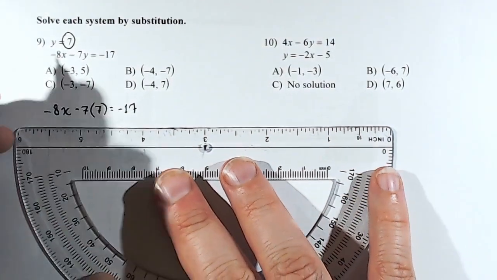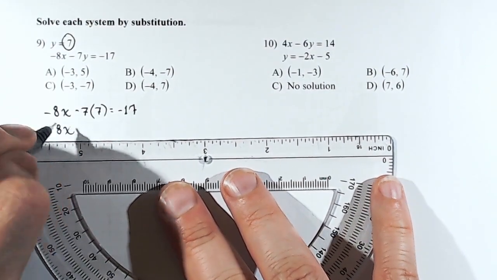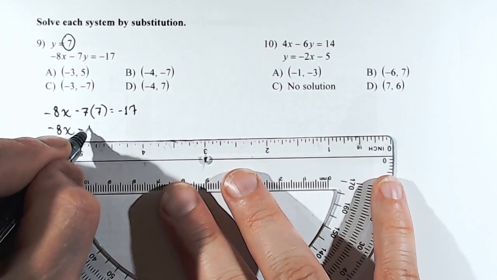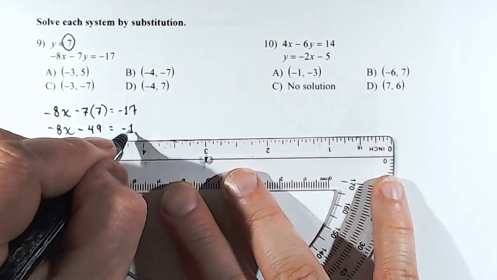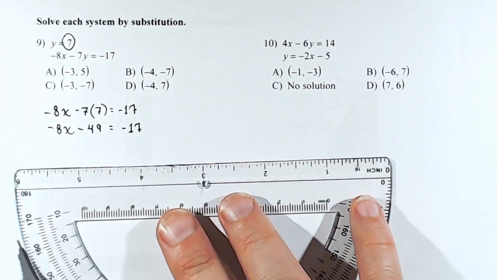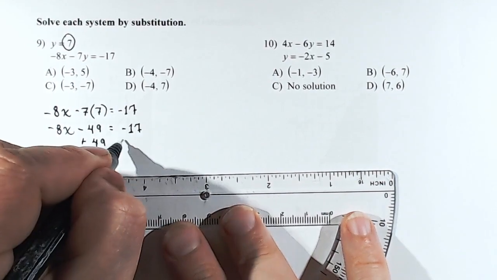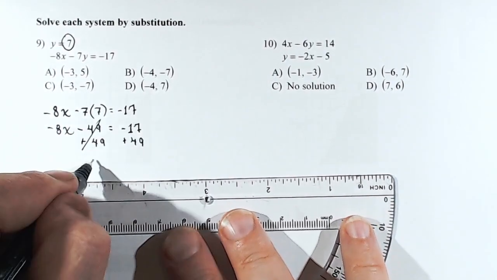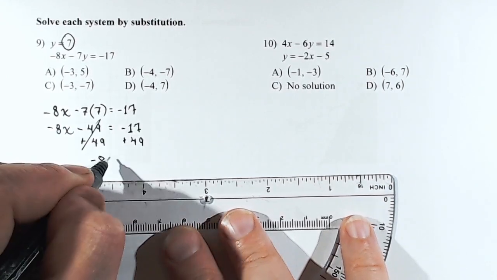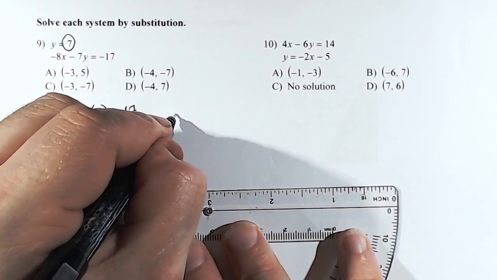So let's just proceed. Negative 8x, 7 times 7, 49, minus 49 equals negative 17. Okay, so then we add 49 to both sides. And now we have negative 8x equals whatever 49 minus 17 is.